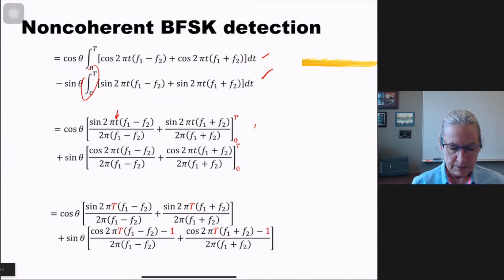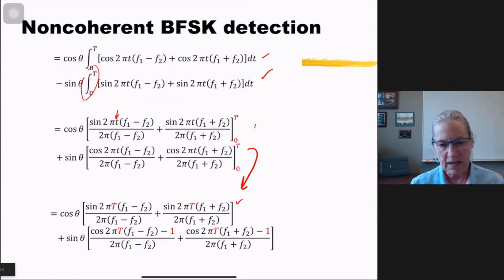So now simply do the evaluation between 0 and T, and of course there are some simplifications we can make: the cosine of 0 is 1, sine of 0 is 0, and so we end up with this representation I give here. And so we have cosine of theta, which is multiplying these terms, one in the difference between the frequencies and one in the sum of the frequencies.